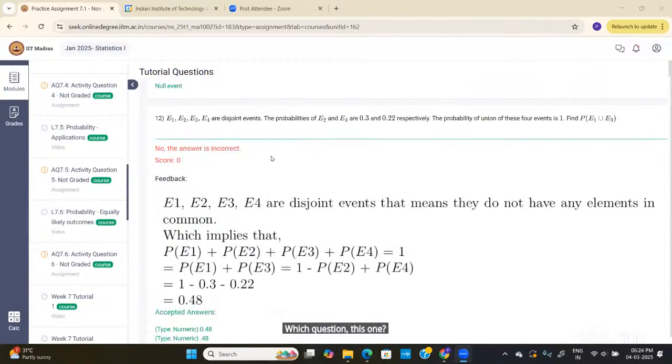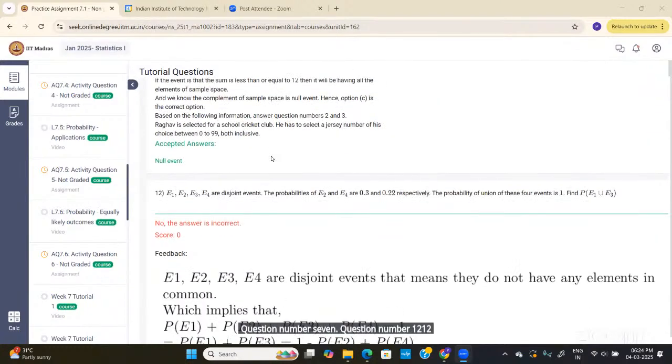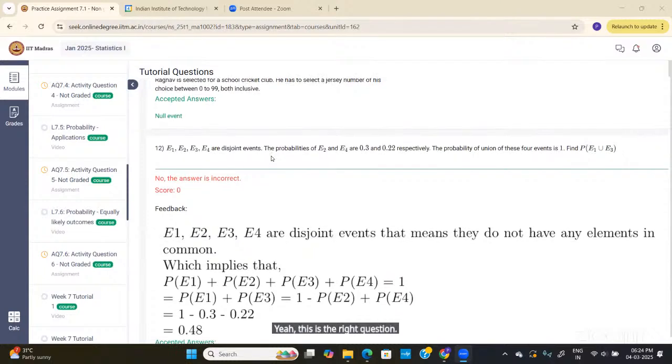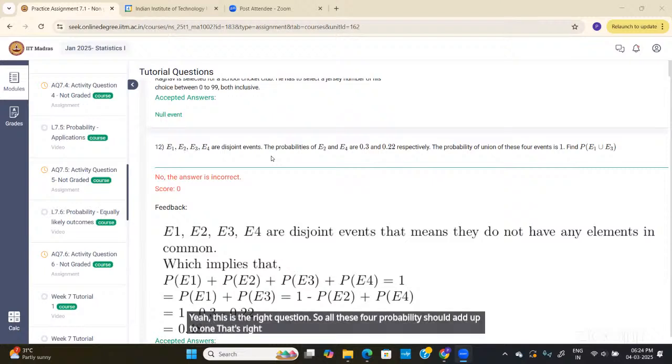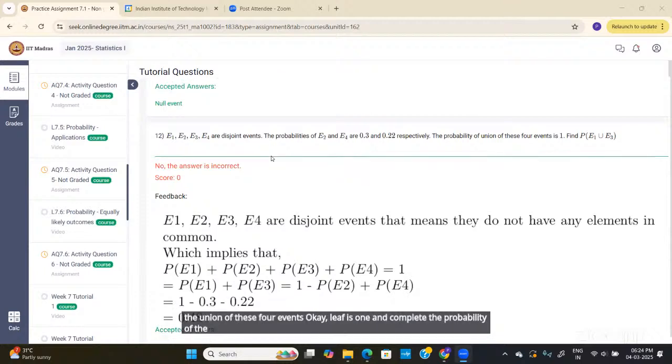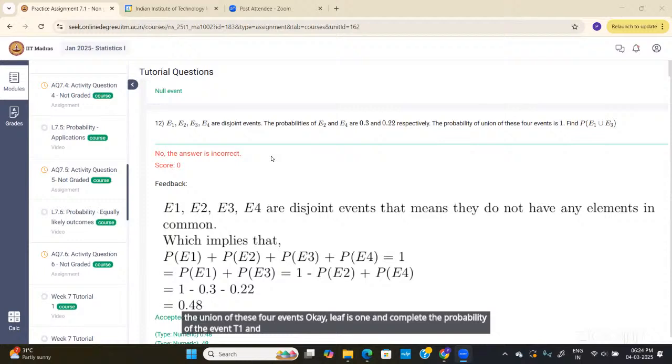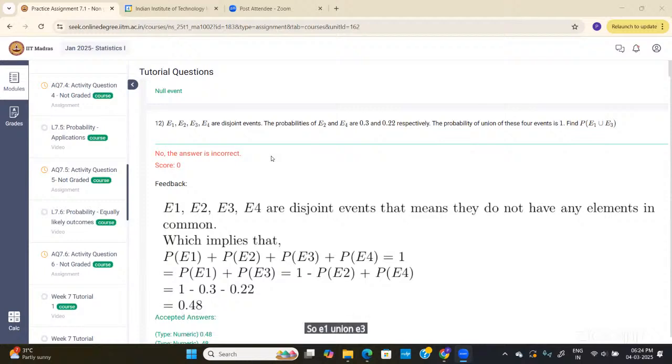So all these four probabilities should add up to one. You've been asked to compute the probability of the union of these four events, and the probability of E1 union E3 would just be P of E1 plus P of E3, right?